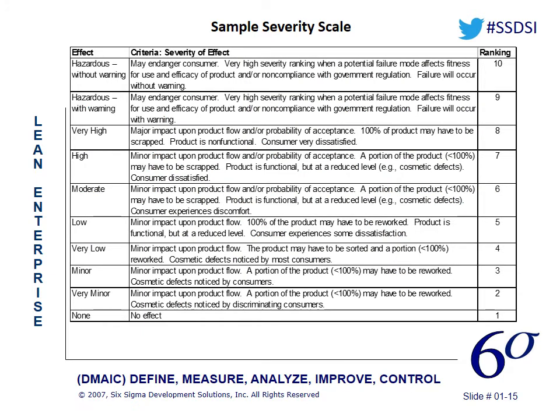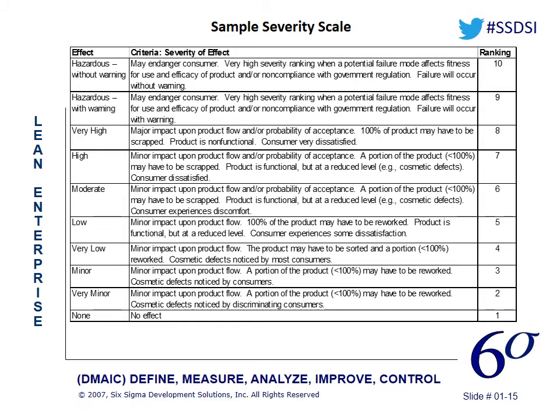And here is that sample severity scale. So you'll see a ranking of 10. Under the description, it says may endanger the consumer. It could cause a very bad safety issue. And in general terms, it says the failure will occur without warning.